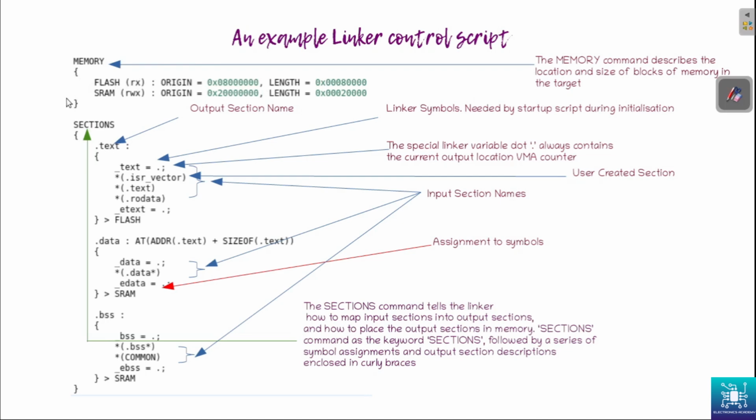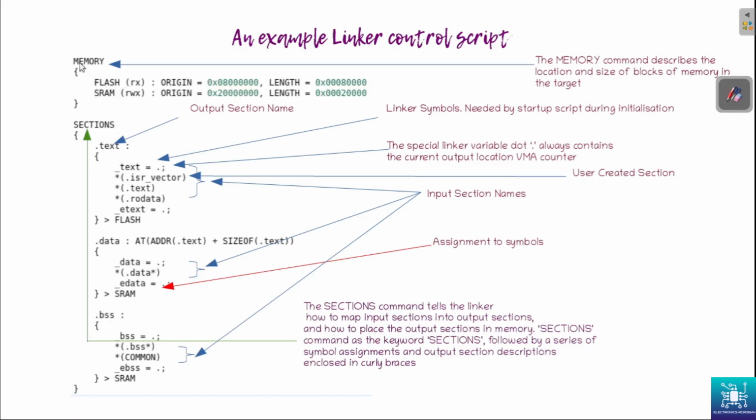Now, the MEMORY command has again names like FLASH and SRAM. Now, these are names of memory regions. These memory region names can be different. It need not be FLASH, it need not be SRAM, but it should have a meaningful name. So it is named as FLASH and SRAM.